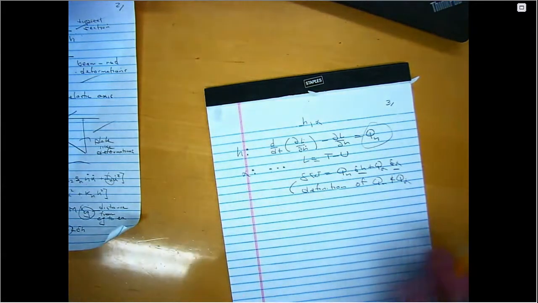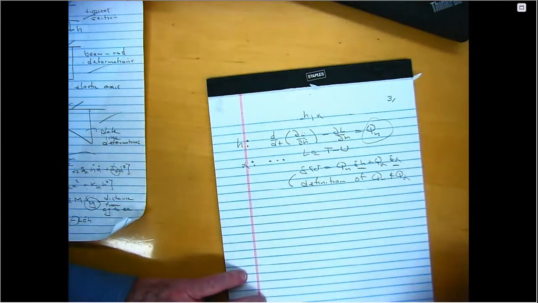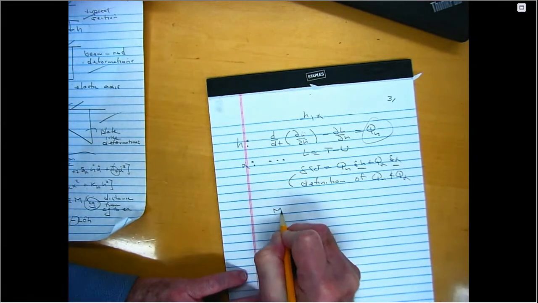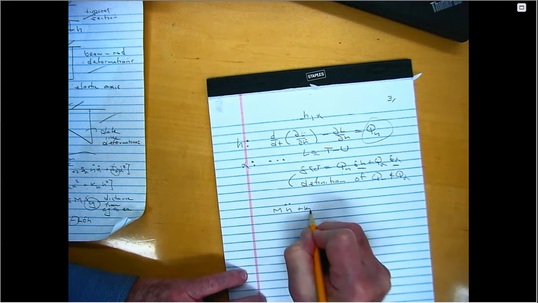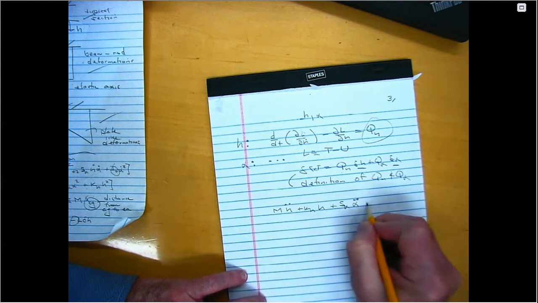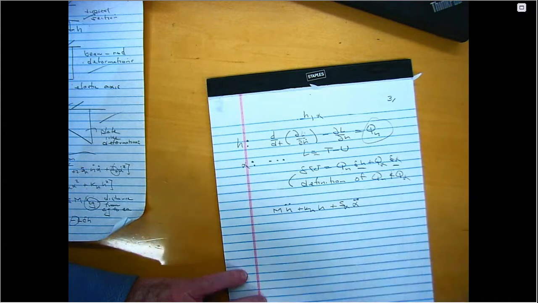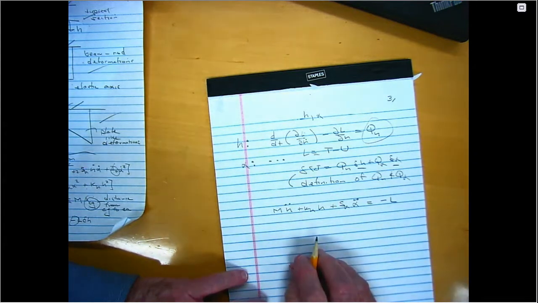Right? And if you do that, a few lines later, you get the equations of motion, which are m h double dot plus k sub h times h plus S sub alpha times alpha double dot equals minus L, that minus sign, right?